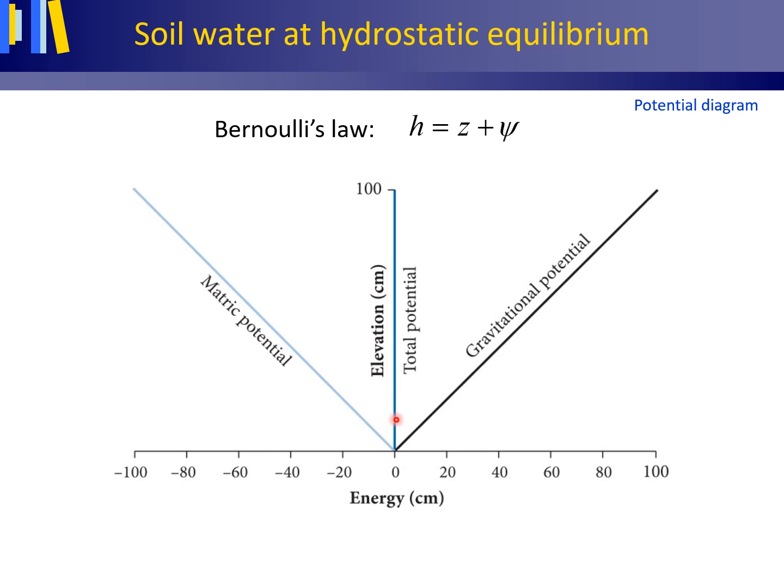The total potential is 0 centimeter. When we move 100 centimeter above the water table, the elevation head equals 100 centimeter and the pressure head equals minus 100 centimeter and the total potential 0 centimeter.